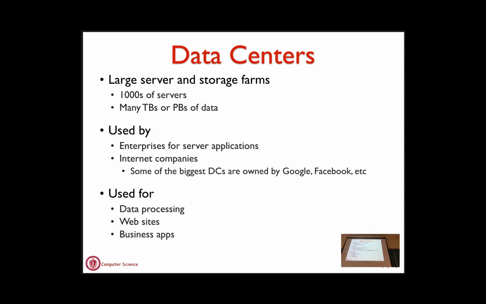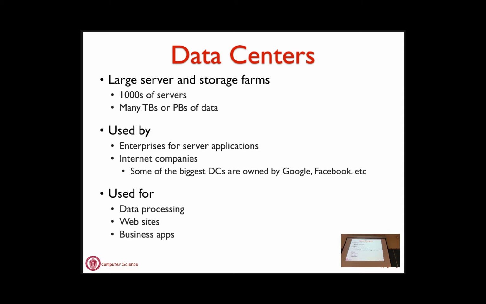You have many terabytes or petabytes of data that are actually being processed on these systems, and this is basically why we want that very large computational power in the same place. They are used by many internet companies. Every time you go on Google, you're actually using one of their services.